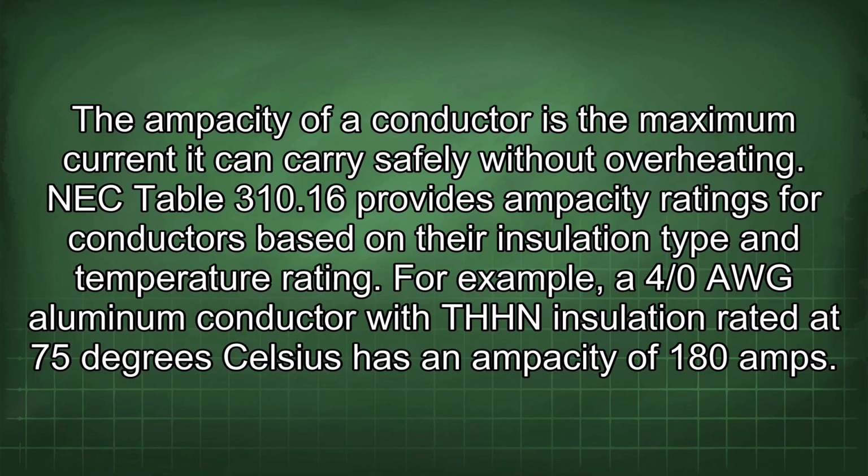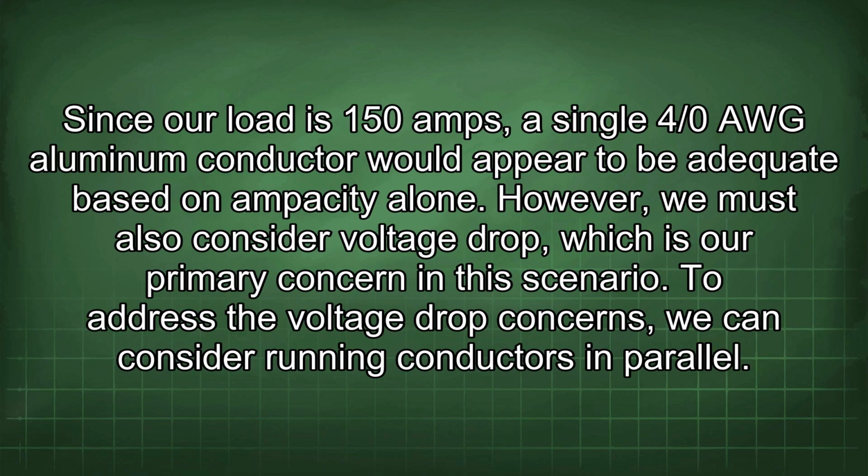For example, a 4/0 AWG aluminum conductor with THHN insulation rated at 75 degrees Celsius has an ampacity of 180 amps. Since our load is 150 amps, a single 4/0 AWG aluminum conductor would appear to be adequate based on ampacity alone. However, we must also consider voltage drop, which is our primary concern in this scenario.